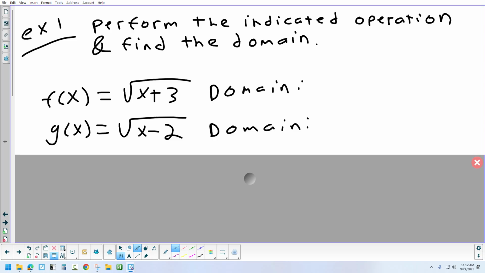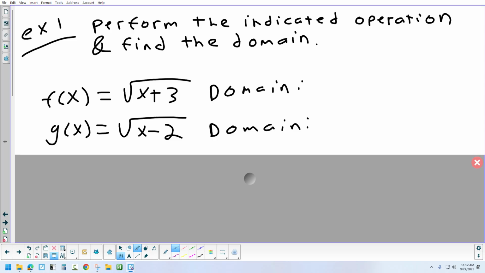What did we just say about square roots? We want to make sure that we never do what? Not for square root, yeah. Square root of a negative. We don't want to take the square root of a negative.